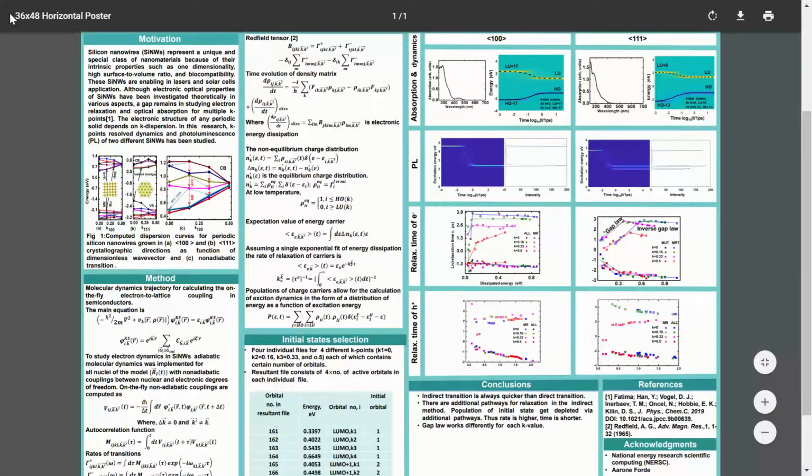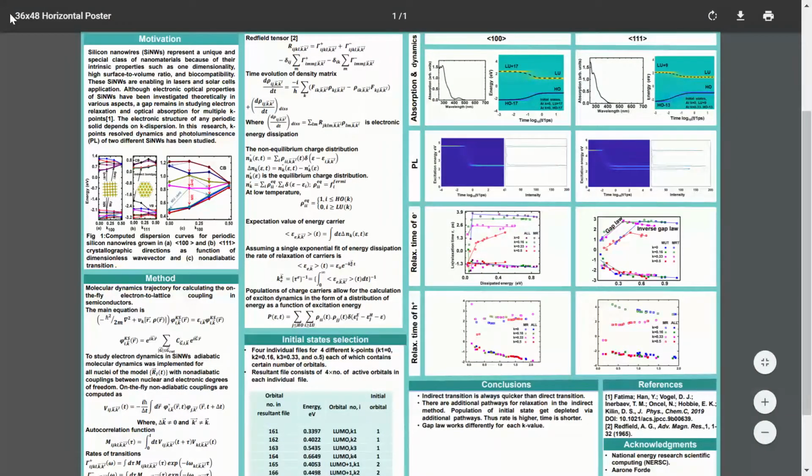I didn't fit this trend yet, but we can see that if we consider direct and indirect transitions both, that is called all transitions here, holes relax faster for all transitions compared to momentum restricted transitions.